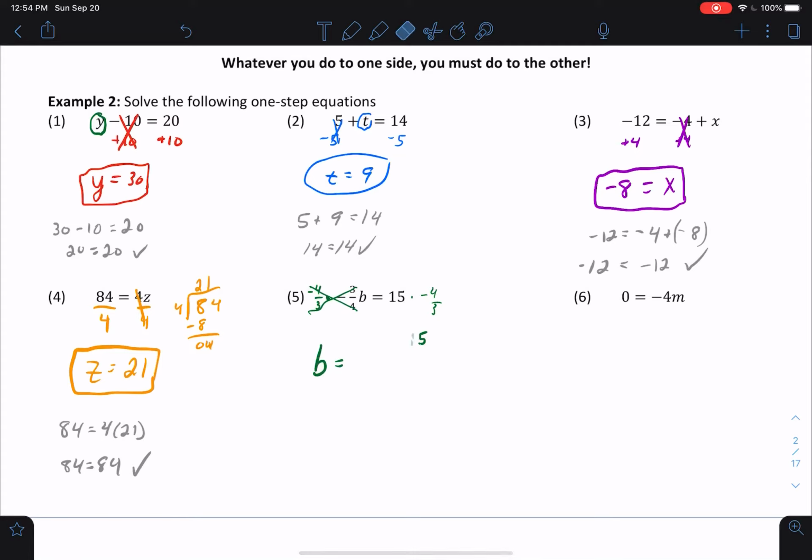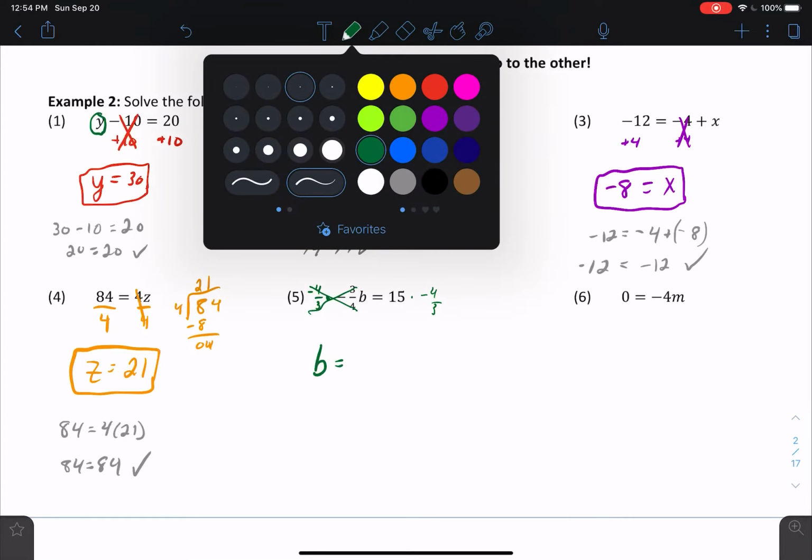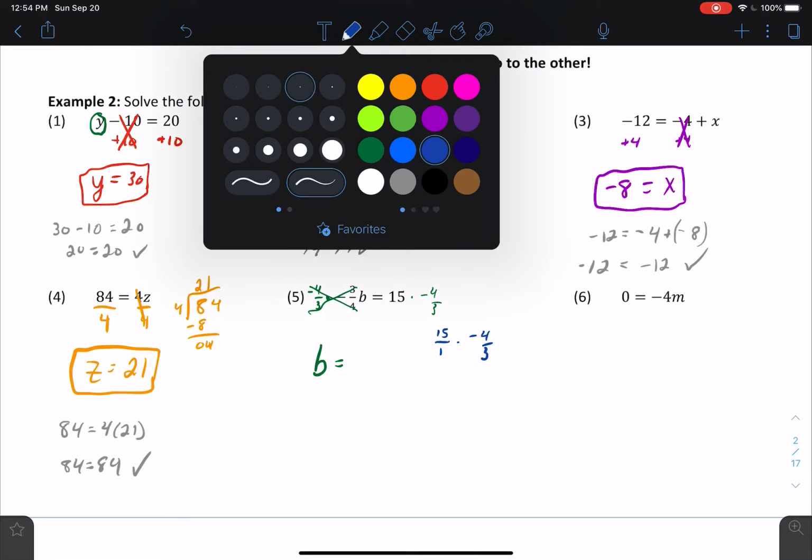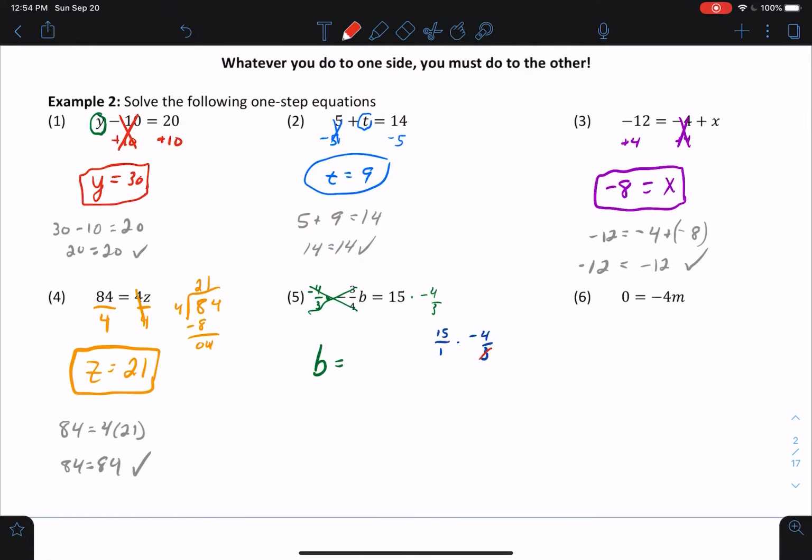Let me do this in a different color. We've got 15 over 1 times negative 4 over 3. We can cross cancel the 3 and the 15. We can divide a 3 out of each of those. So 3 divided by 3 is 1. 15 divided by 3 is 5. So this is going to be negative 20 over 1, which is just the same thing as negative 20. Okay, so b is equal to negative 20.